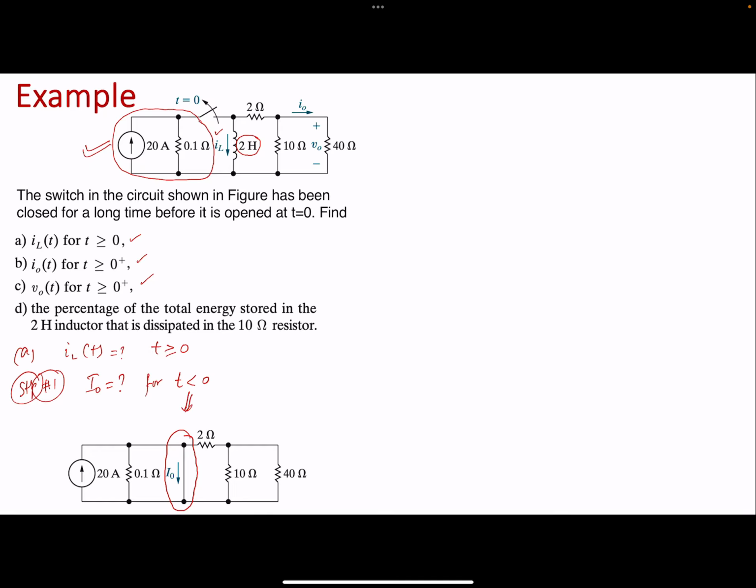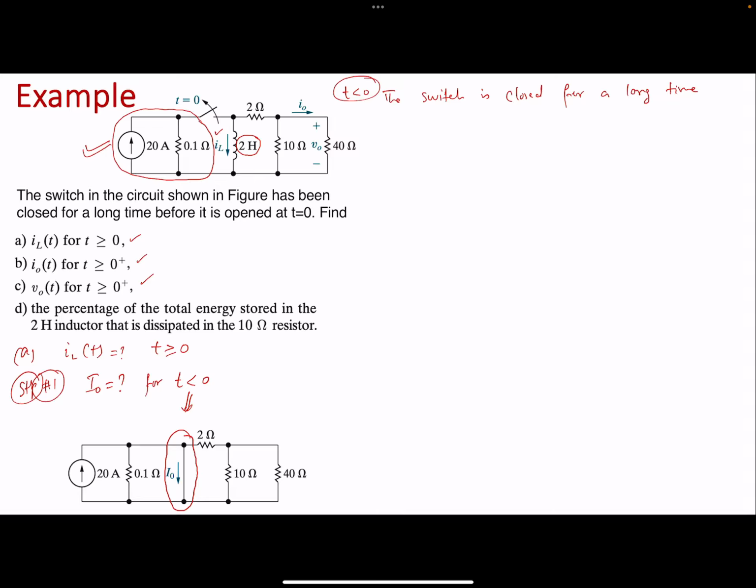So this practically means that the switch is closed for a long time, and the previous steady state was reached. Again, we are analyzing this for t less than 0.